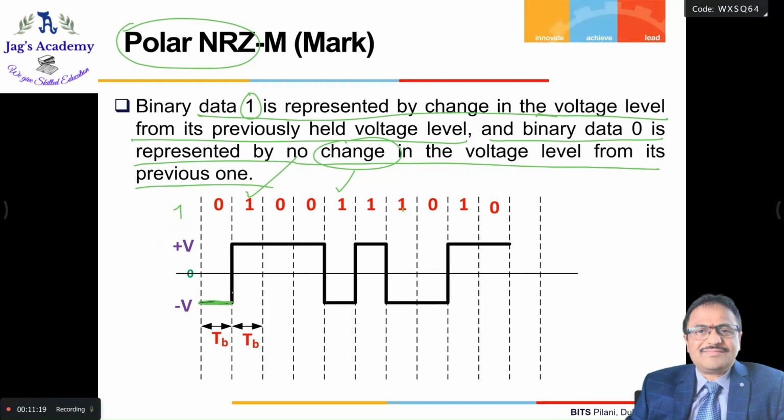Because it is 0, it continues here. Suppose the level before this is 1, and what is encountered is 0 here. It won't change its level. It will continue like this.